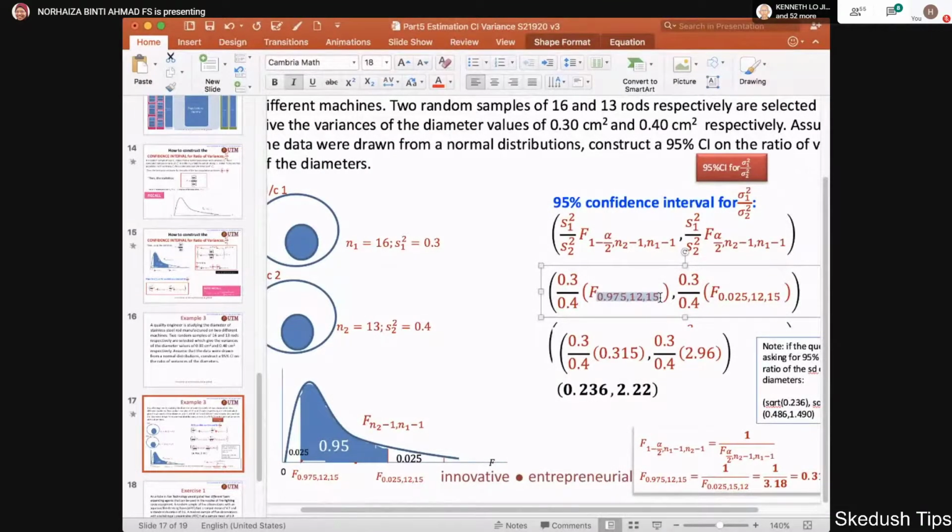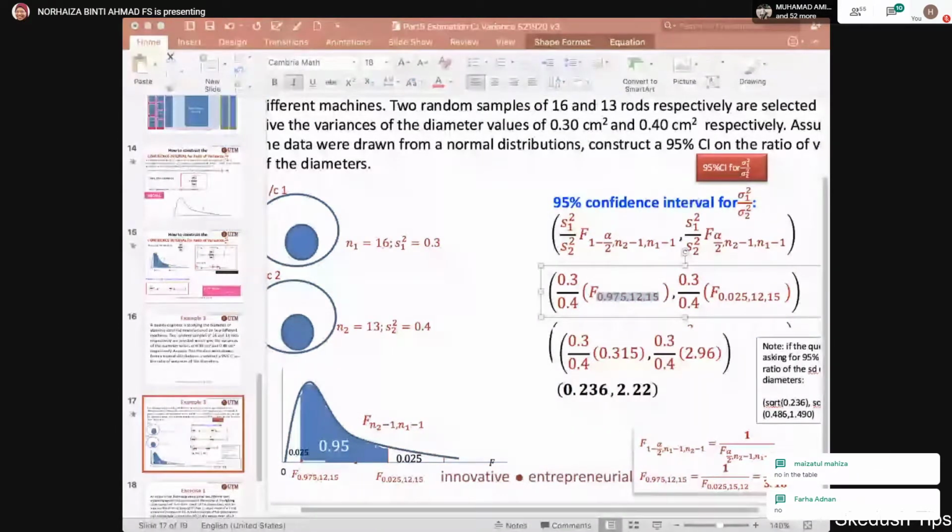Can you find it directly? I don't think you can.